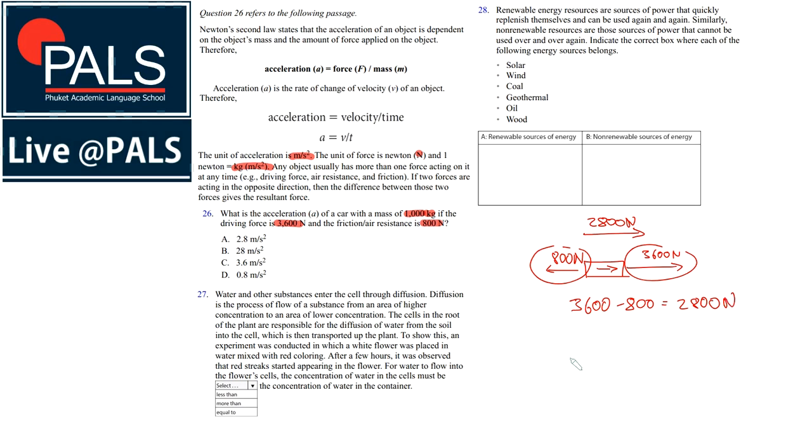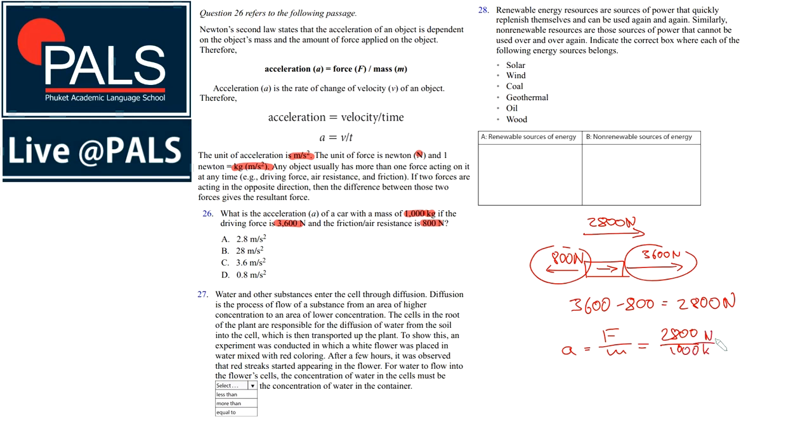Then we know that acceleration is equal to force over mass, so we use the first formula here, and in this formula, force is always the resultant force up here, so 2800 divided by 1000 kilogram, that's the mass of the car.